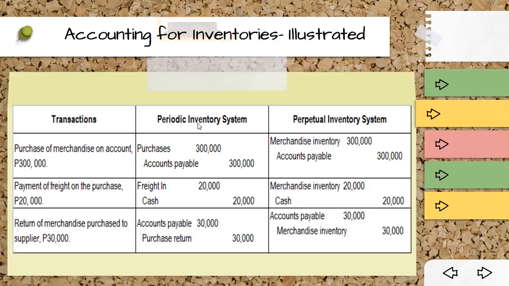Under the periodic inventory system, gamit tayo ng account title na purchases. Whereas sa perpetual inventory system, ang gamit natin ay merchandise inventory, kasi nga, that is to recognize the increase in your merchandise inventory.